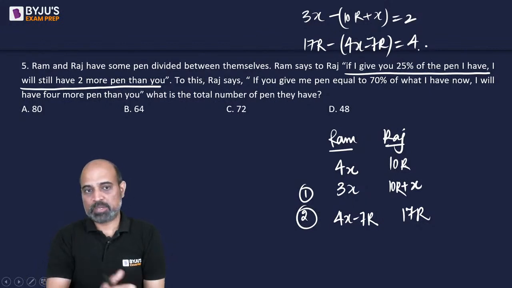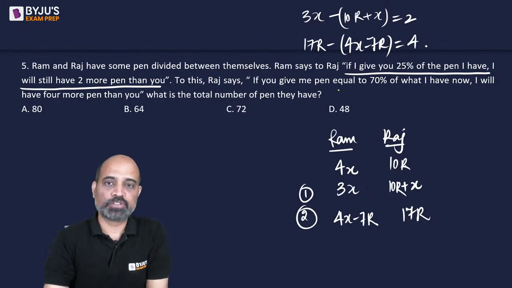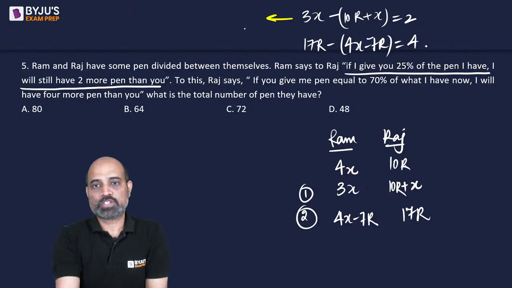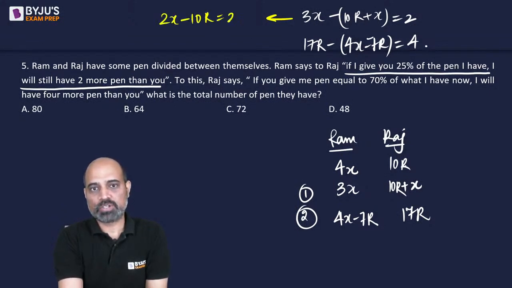Hit and trial से भी options में ज़्यादा time लगेगा. It's better if you solve this. The first one will give us 2x minus 10R is equal to 2.